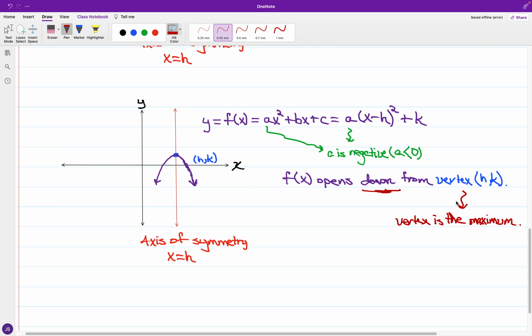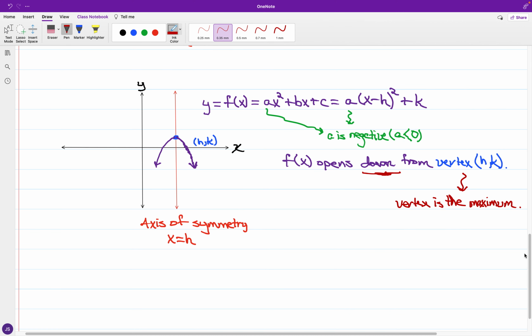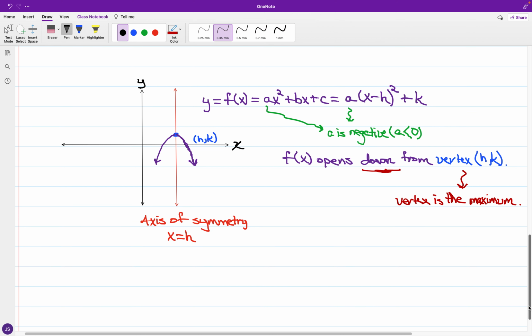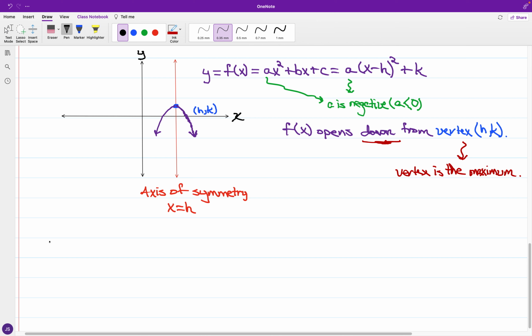Now, in the case of a quadratic function that has specific numerical coefficients, as an example, say we have f of x is equal to x minus 2 raised to the second, followed by the addition of 5.